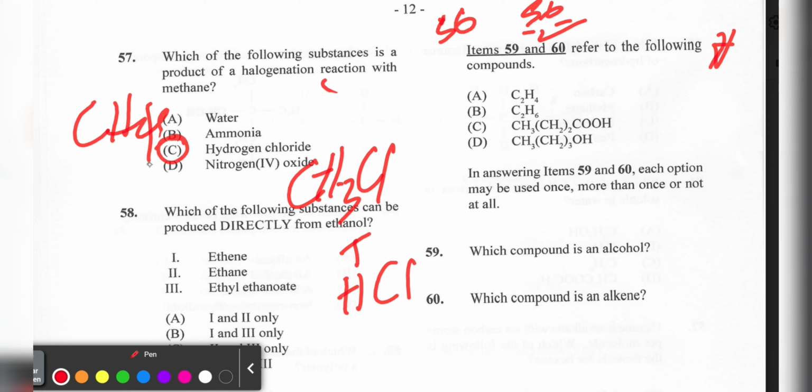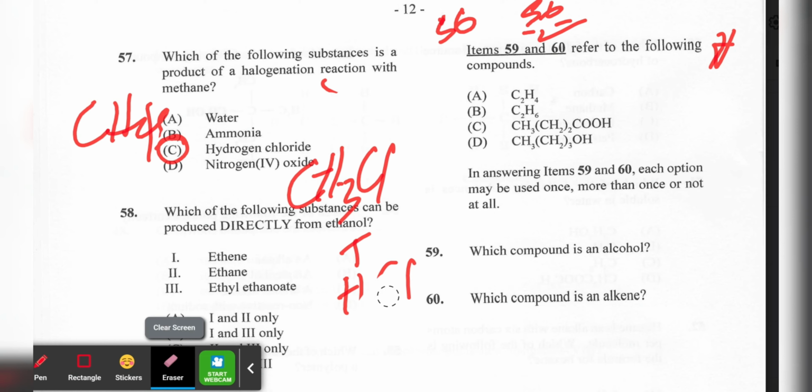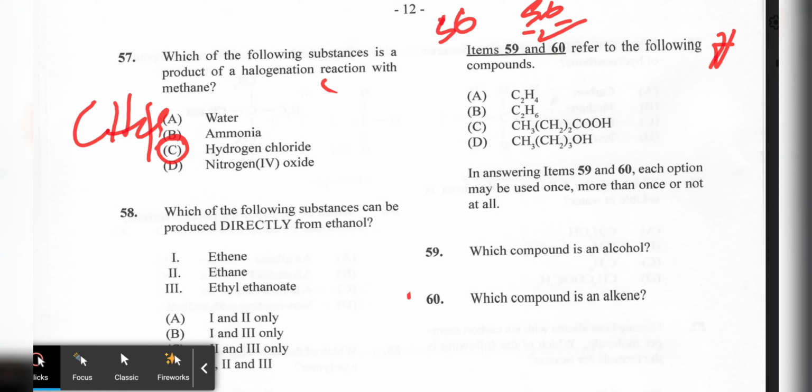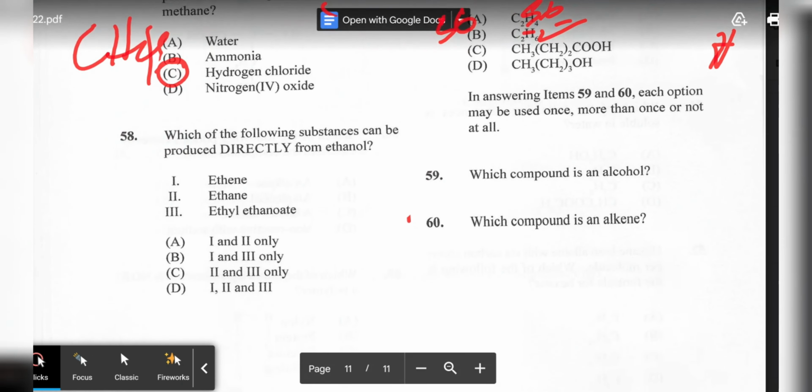Okay, 58. And let me erase this as well so we can actually see the question. 58. Which of the following substances can be produced directly from ethanol? What can I make directly from ethanol? And so you're looking now at the reactions of alcohols, right?